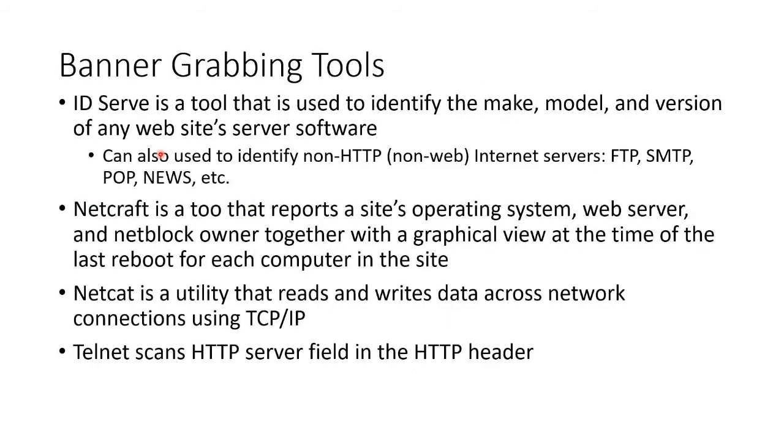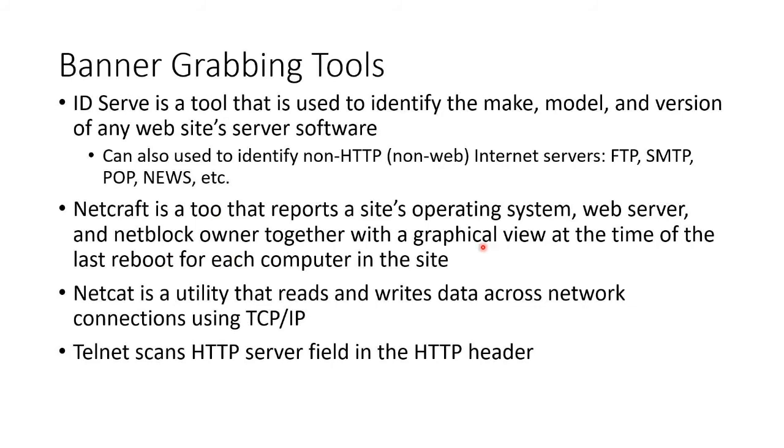There are other banner grabbing tools like ID Serve, really easy to use. It will identify the make, model, and version of any website server software. It can also identify non-web type things like FTP, SMTP, POP and news. Netcraft also will report the site's operating system, web server, and who's the owner of the block of IP addresses with a graphical view.